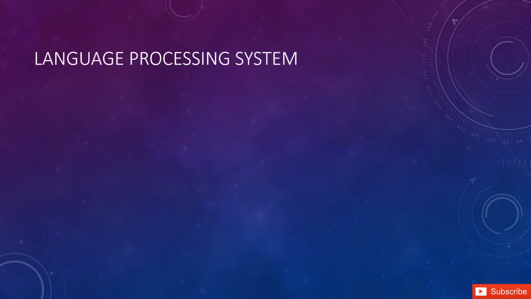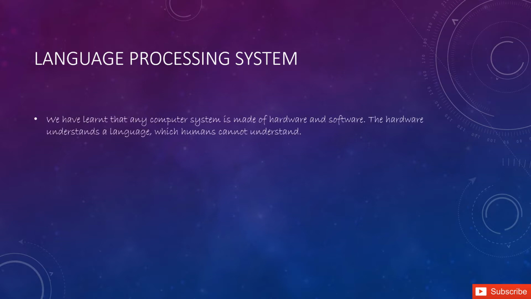This is the second lecture of compiler design. We see the language processing system in the descriptive form. Previously we saw the language processing system overview. Here we know that the computer system is made of hardware and software.